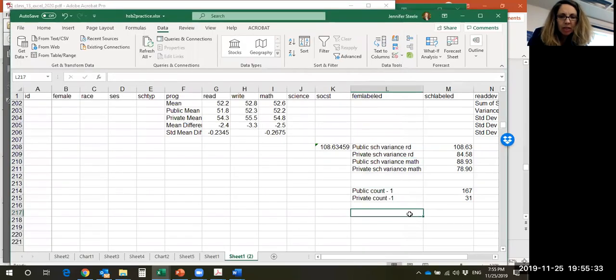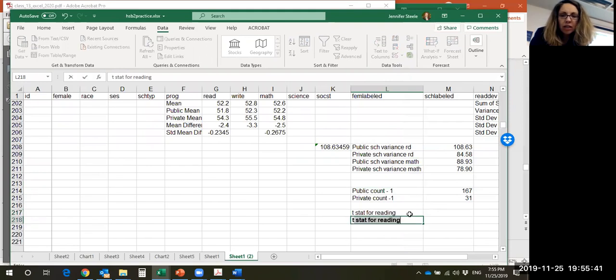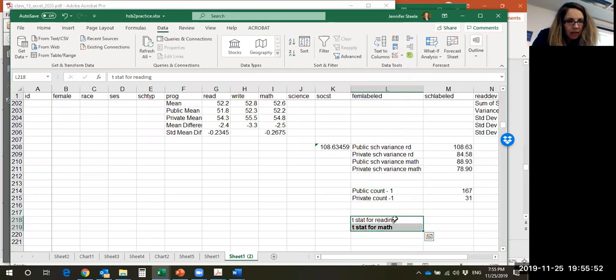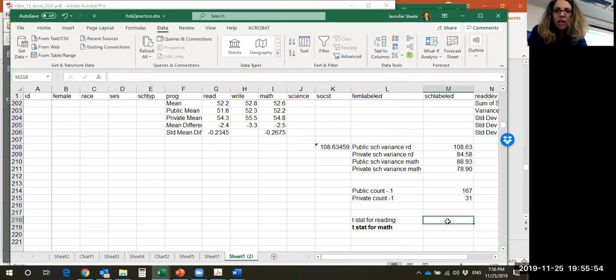Okay, and this is going to be t-stat for reading and t-stat for math. Oh, I think I put them in the wrong cells. M218, M219. Okay. So t-statistic for reading, I'm going to do equals public school.